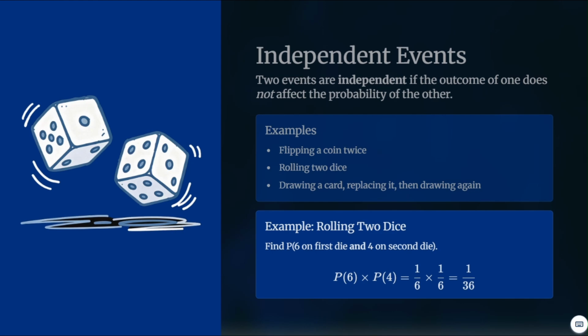So we can simply multiply the probability of both events occurring. The probability of getting a 6 is 1 over 6, and the probability of getting a 4 is 1 over 6 as well. When we multiply the two, that will be equal to 1 over 36.